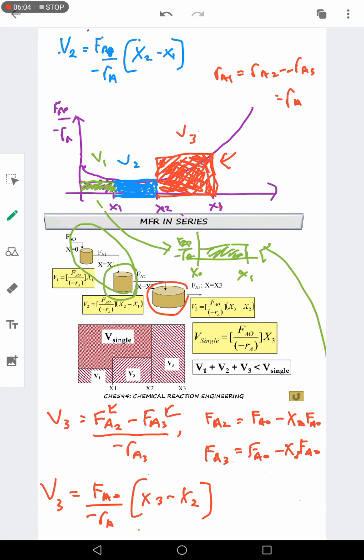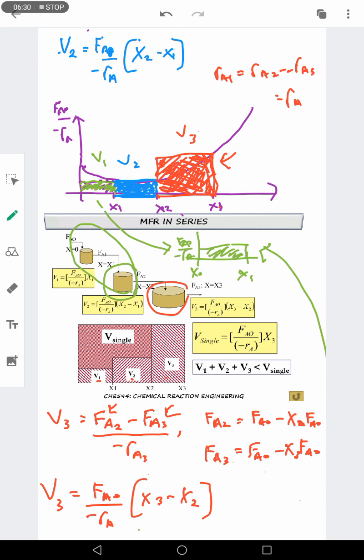Sebab kalau you nak samakan single MFR yang besar bersamaan dengan 3 MFR yang in series, memang tidak sama.